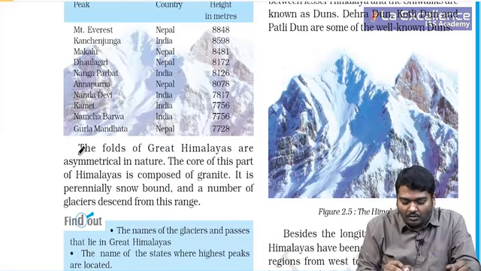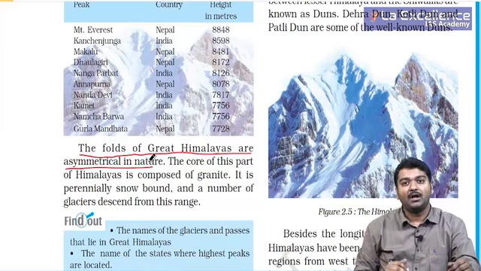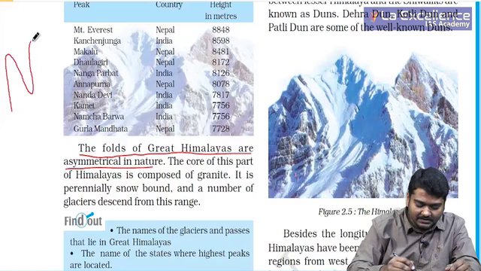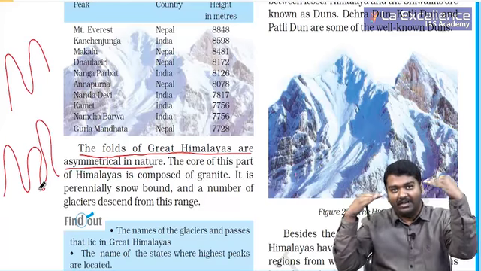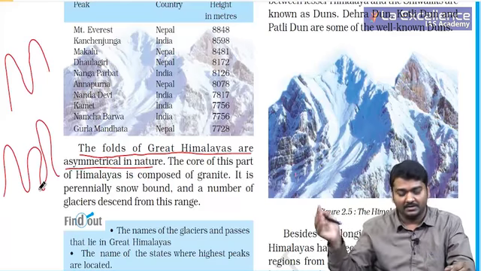Then the folds of the Great Himalayas are asymmetrical in nature. That is, they are not symmetrical. Symmetry means it comes like this. Asymmetrical means it keeps changing, because when the compression takes place, the convergence will not lead to proper folds.